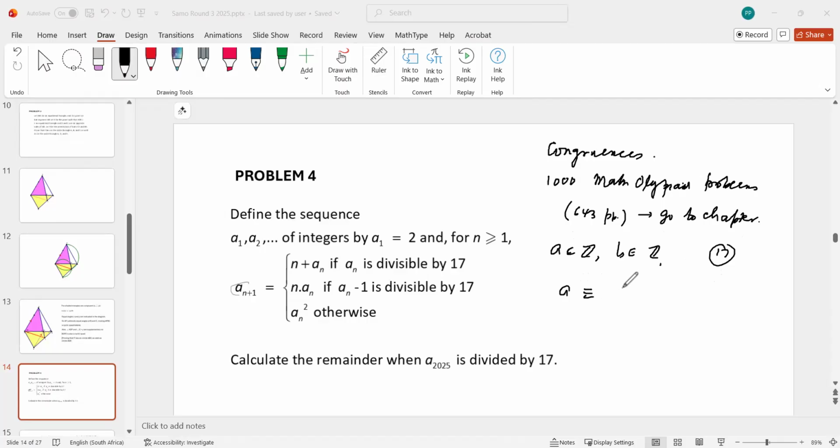You use a symbol for A and B, like an extended equality. And you say they're congruent. And the symbol is modulo. A and B are congruent modulo 17. I put a 17 down here. If the difference between A and B is a multiple of 17.